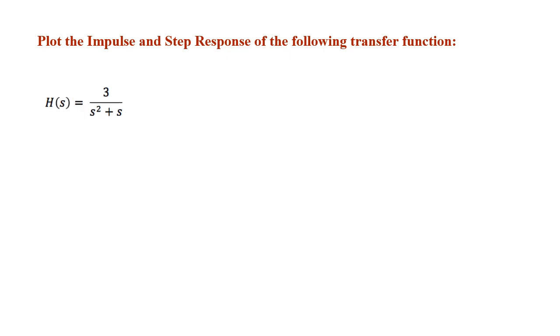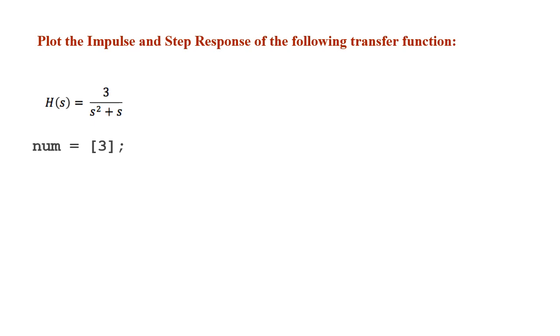Now we're going to do another example of the same thing, of plotting the impulse and the step response of a given transfer function. We're going to repeat the same steps, but this time we have a different transfer function. For the numerator, we only have 3, so we can write simply numerator is equal to 3.